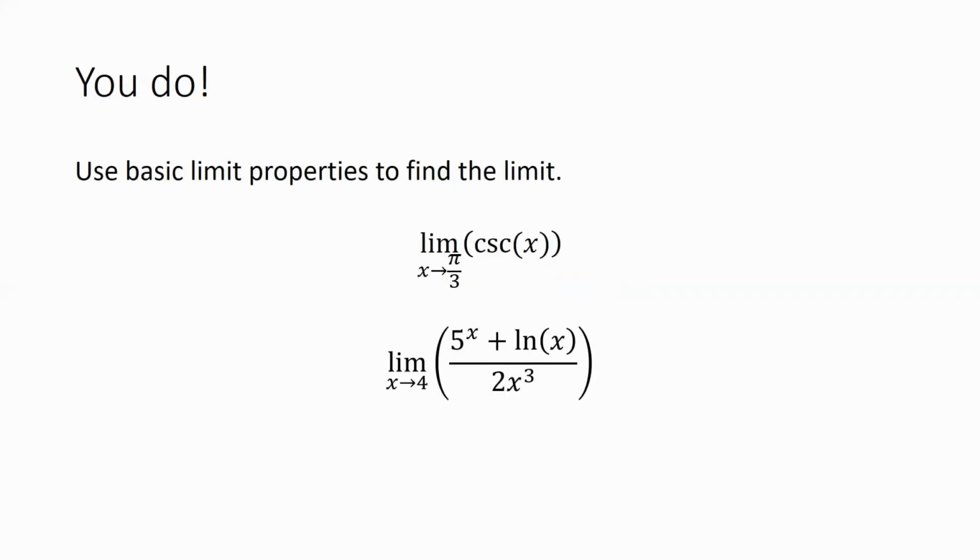So there's nothing really for me to show about that. What I would like you to do is use those properties to find the limit of cosecant of x as x approaches pi over 3, and the limit of the fraction 5x plus natural log of x divided by 2x to the third as x approaches 4.